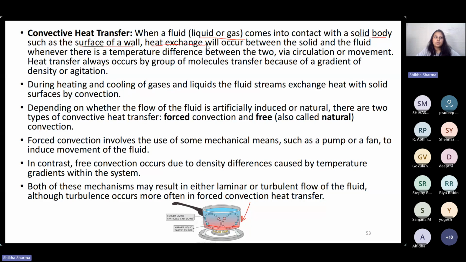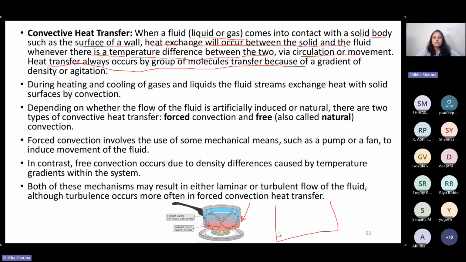Heat exchange occurs between the solid and the fluid whenever there is a temperature difference between the two, with the help of circulation or motion of the molecules. Heat transfer occurs by groups of molecules, because of a gradient of density or agitation. So what is going to happen?